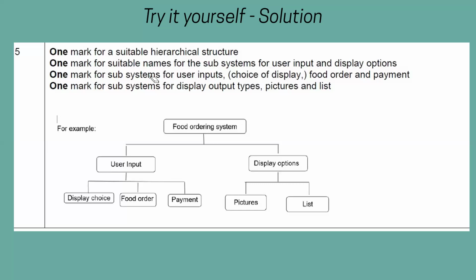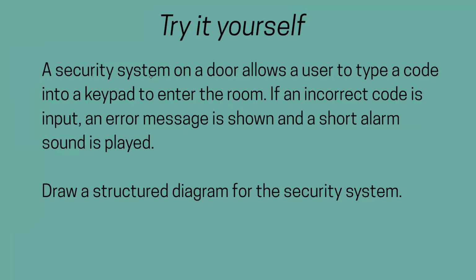Now, the next part is: the security system on a door allows a user to type a code into a keypad to enter the room. If an incorrect code is input, an error message is shown and a short alarm sound is played. Can you design the code for it?